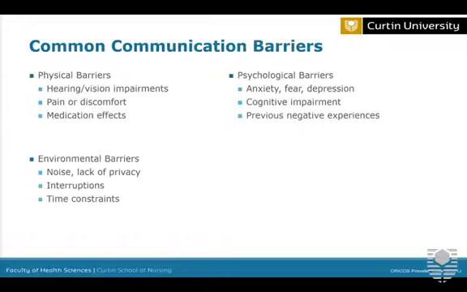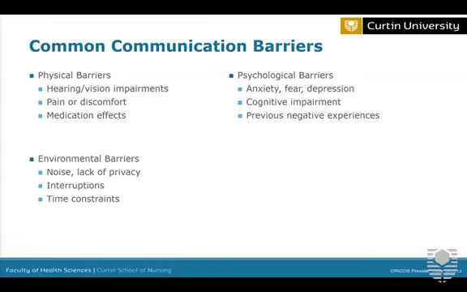Common communication barriers that we have to take account of are physical barriers: vision impairments, pain or discomfort, medication effects, because these are the things that might impact communication outcomes.